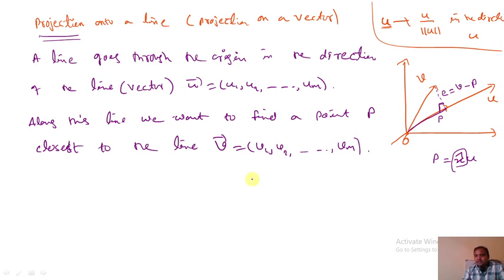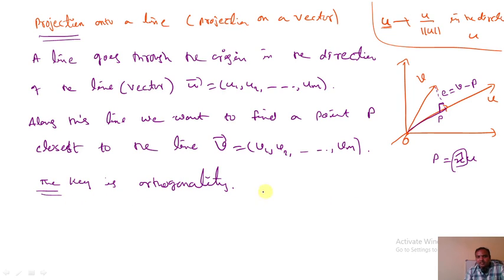The key is orthogonality. What does that mean?